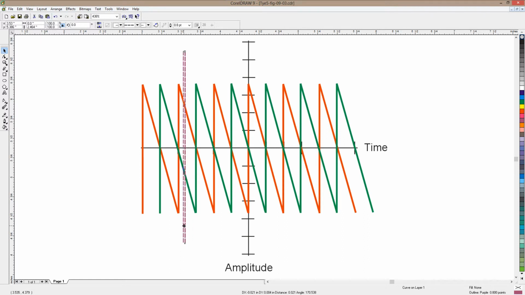Here, the red wave intersection point is farther from the time axis, indicating a greater amplitude, and the green wave is not as far, indicating a lesser negative amplitude, so the midpoint between them is somewhere above the time axis like that. They do cancel at certain points, like right here they do, but here they don't, and they usually don't. So we're not going to get complete cancellation of these two waves when we move one of them by half a cycle.